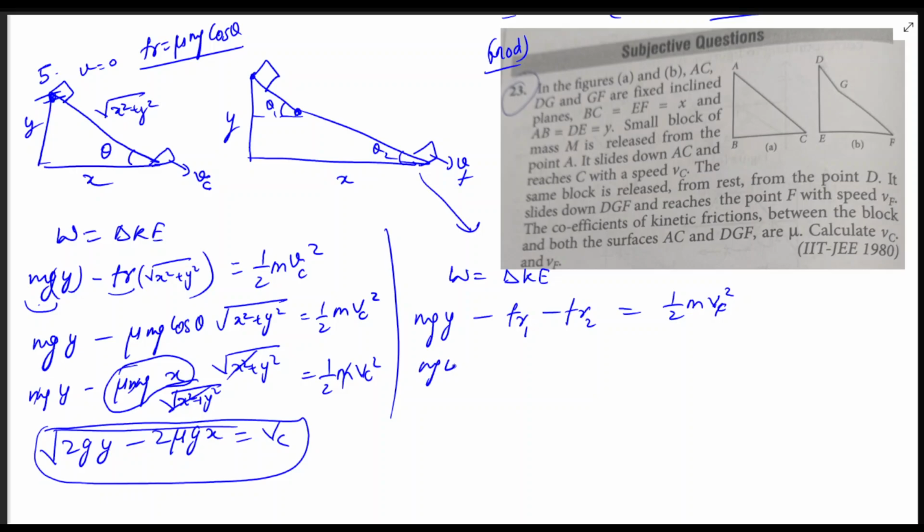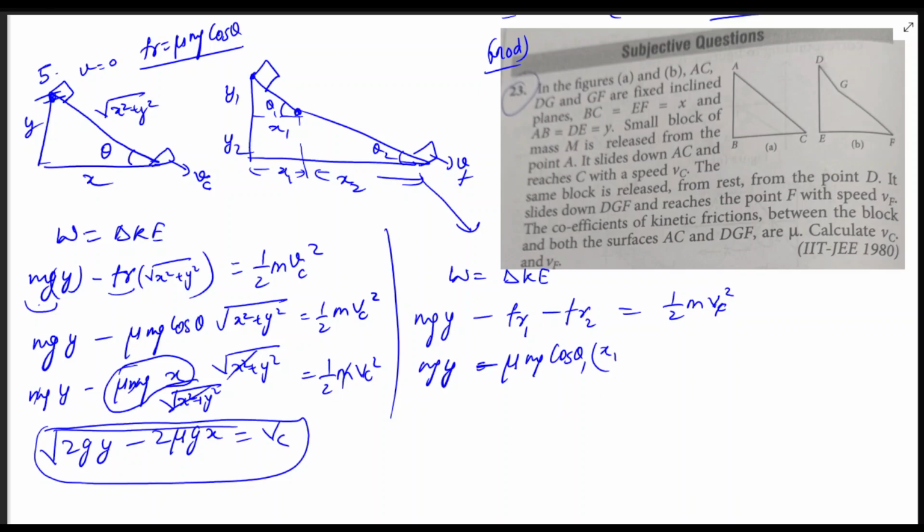So mgy, minus mu mg cos theta 1 into, let's say this is x1 and this is y1, this is y2, and this is x2. Okay, this is x1. Perfect. So it will be x1.